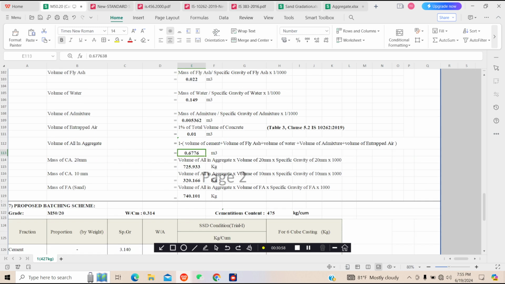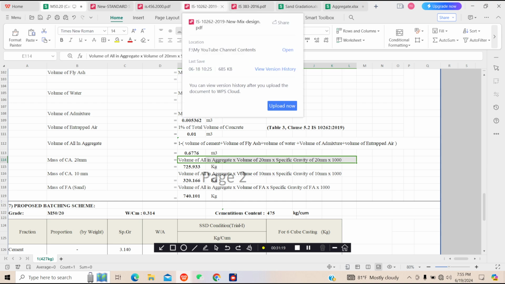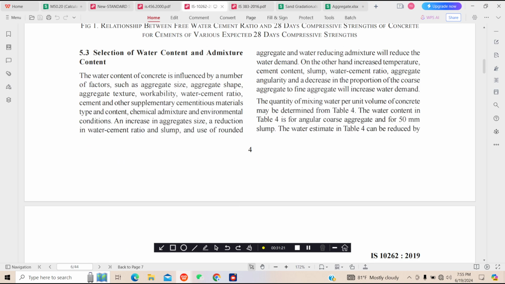So for calculating the mass of coarse aggregate, that is the 20 down aggregate, here you can see the formula: volume of all-in aggregate into volume of 20 down aggregate into specific gravity of 20 down aggregate into 1000. This formula I am using is from the IS code only. I will show you. It's all from IS 10262.